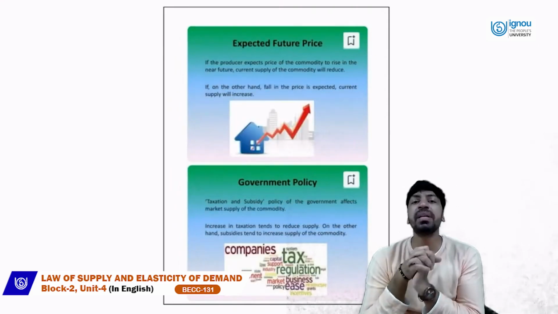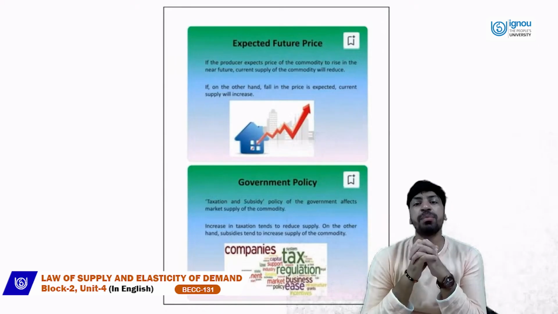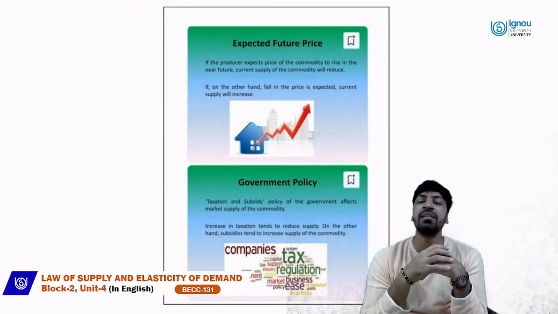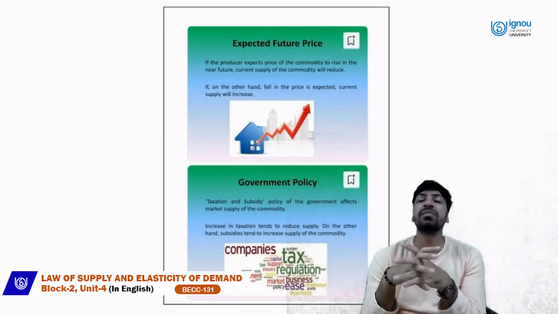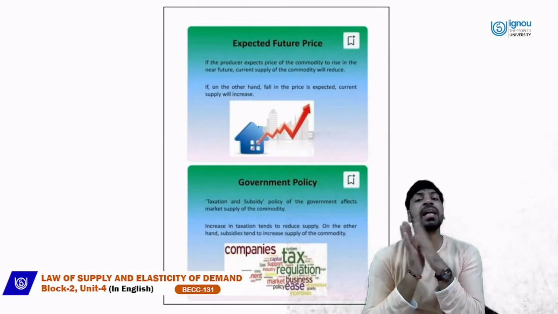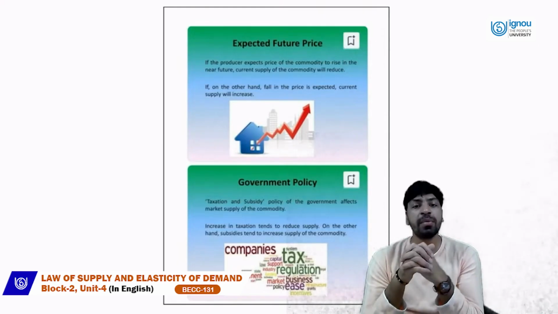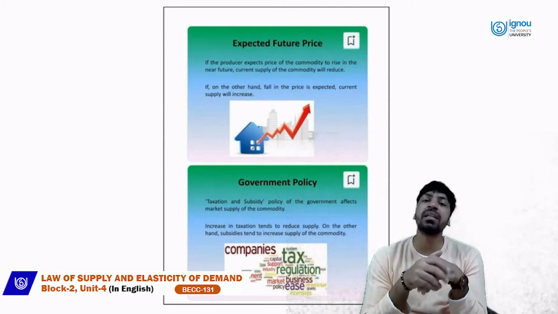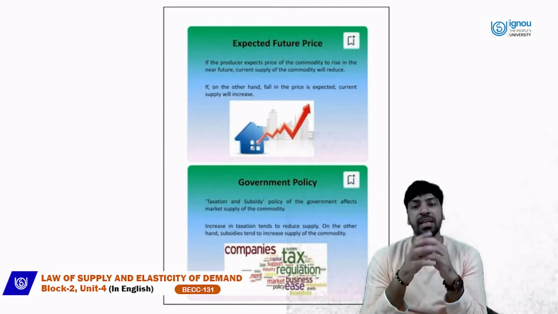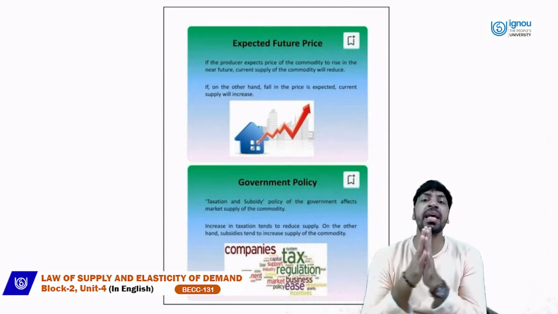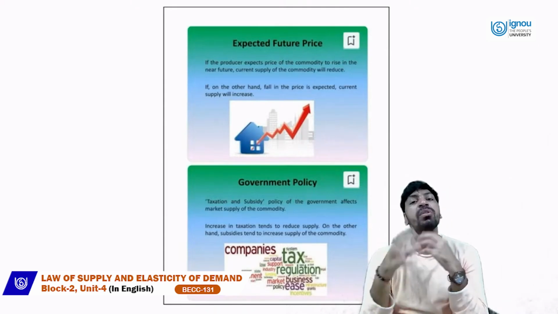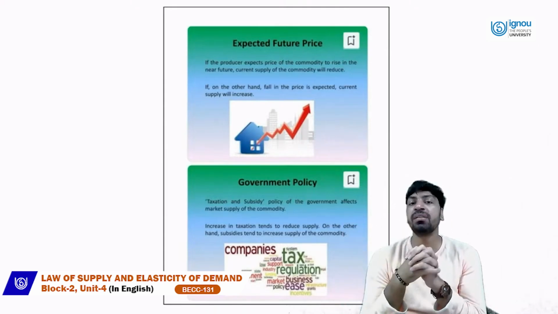The next determinant is the expected future price. If a particular seller expects that there is a fall or a reduction in the price of a commodity, automatically the current supply would increase, because it is a prediction or an expectation about the changes in the price level in the future.